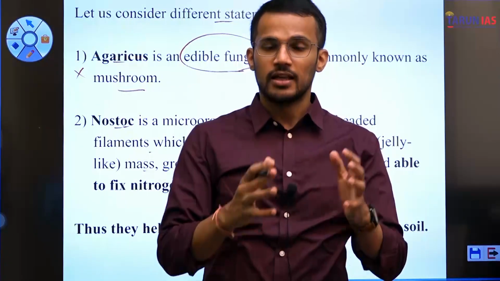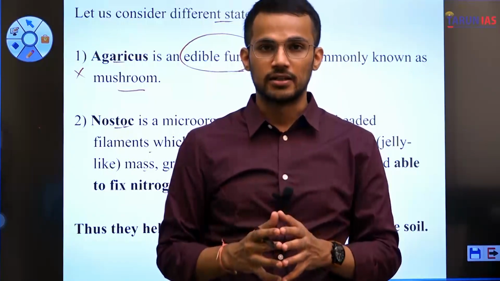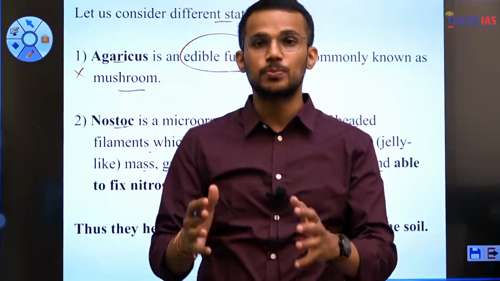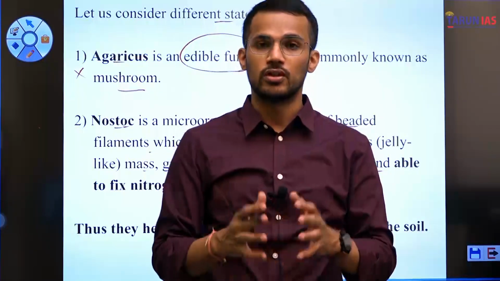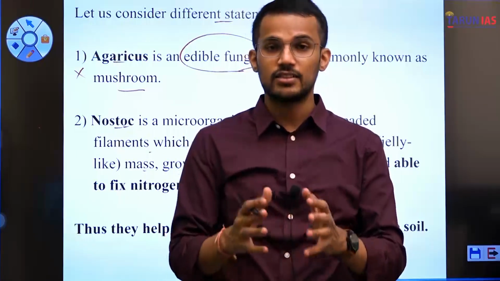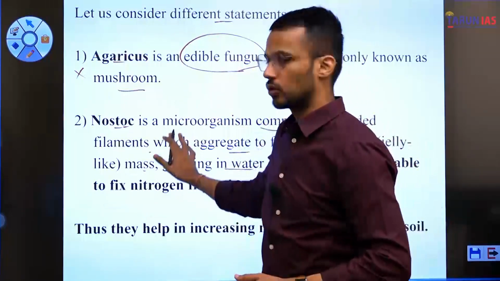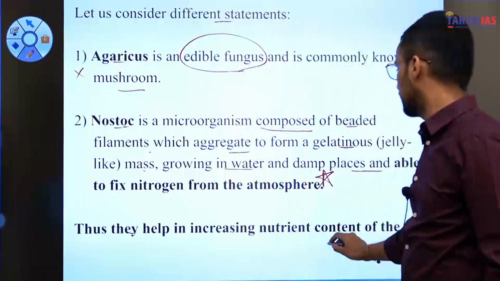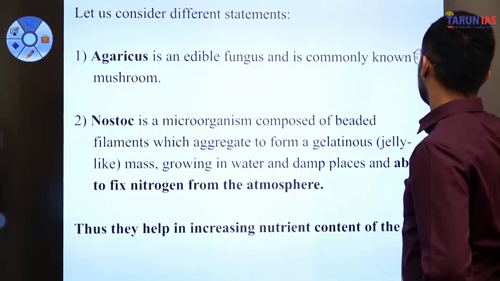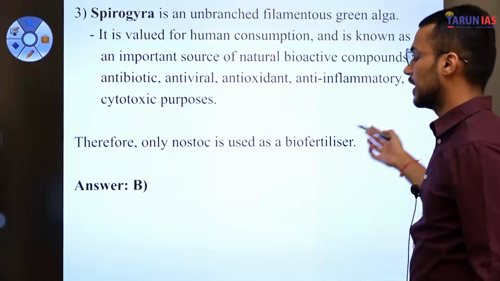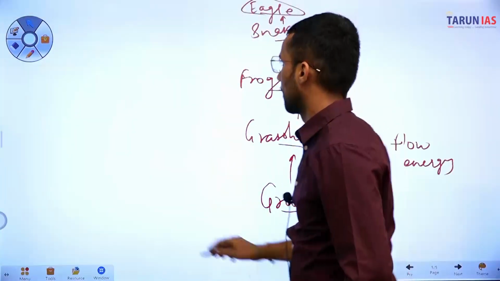We know that atmospheric nitrogen cannot be used directly by plants, and hence it needs to be fixed so that plants can absorb that nitrogen from soil. That is the function played by various microorganisms, including nostoc, and that's why they help in increasing the nutrient content of soil, especially nitrogen.